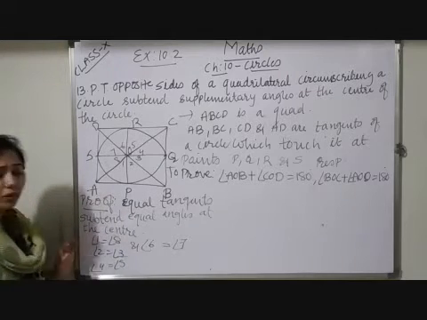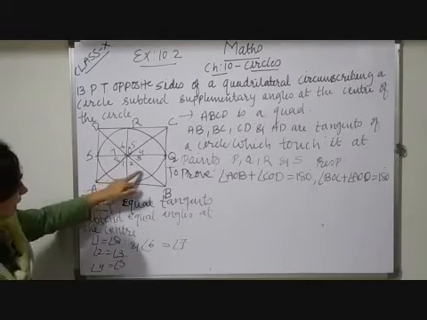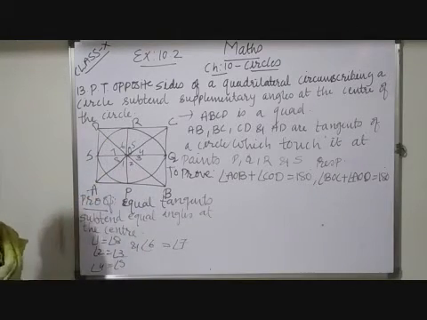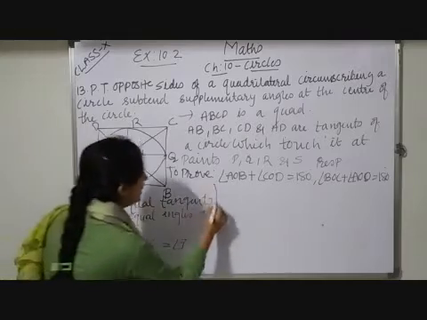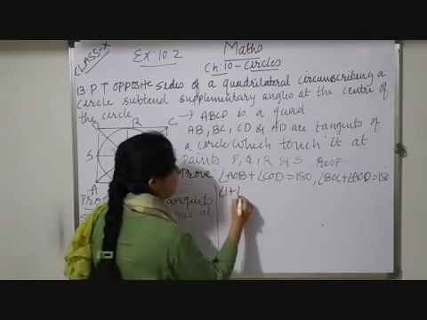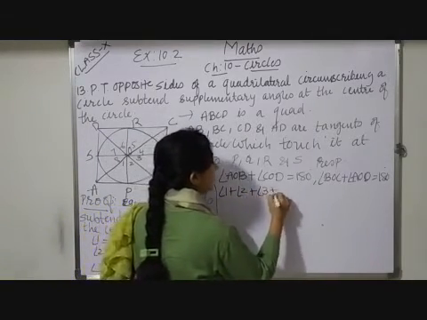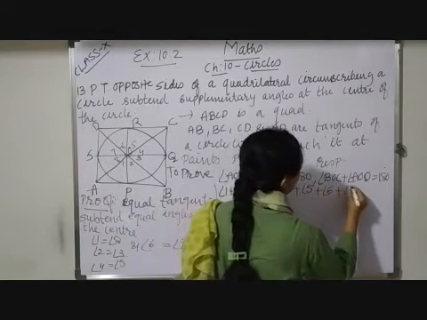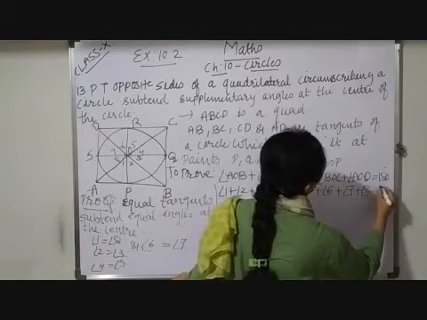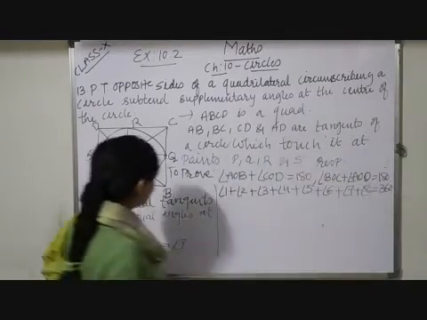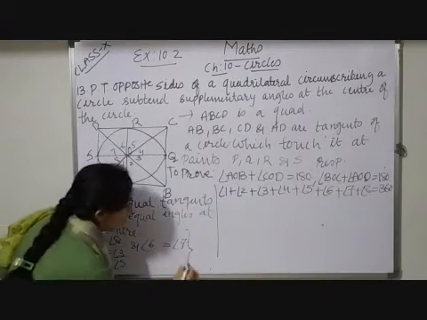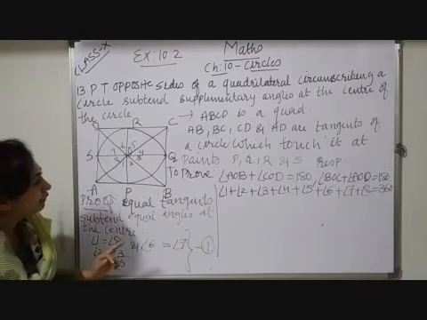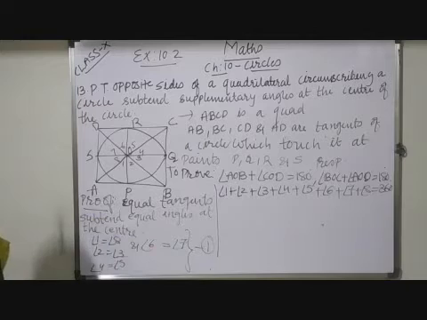Now after that, as we know that the sum of the angles at the center, one complete angle of a circle, is 360 degrees. So here I can write angle 1 plus 2 plus 3 plus 4 plus angle 5 plus 6 plus 7 plus 8 is 360 degrees. Now from this equation number 1, I have to prove AOB plus COD is 180.